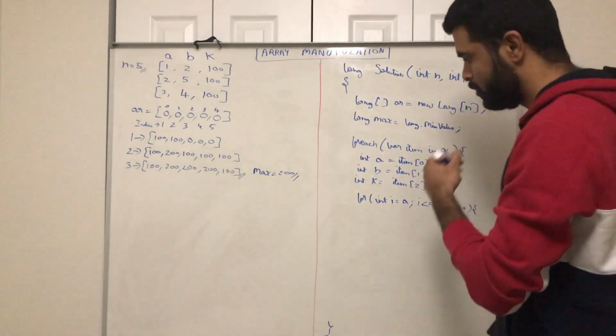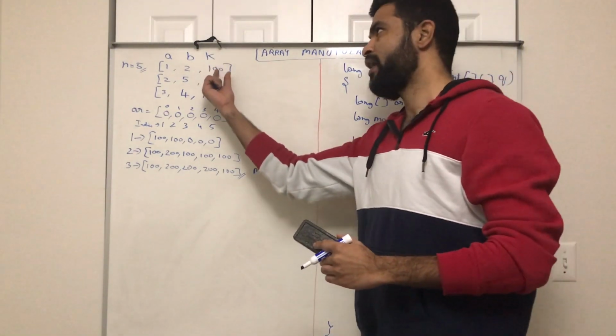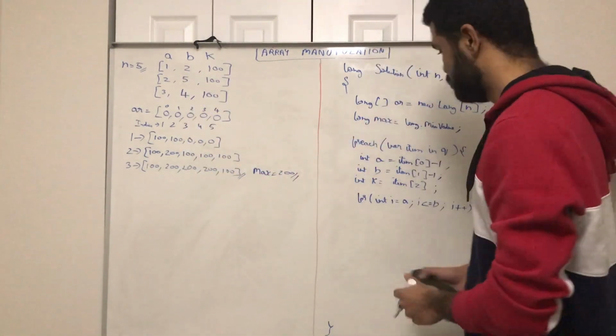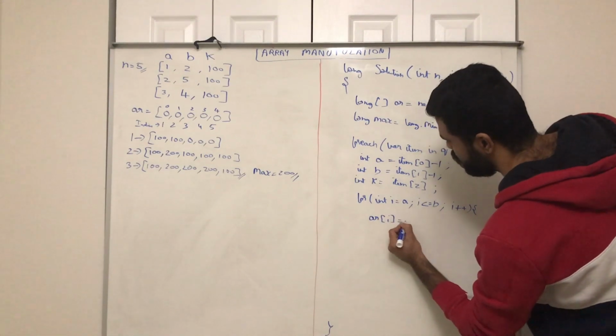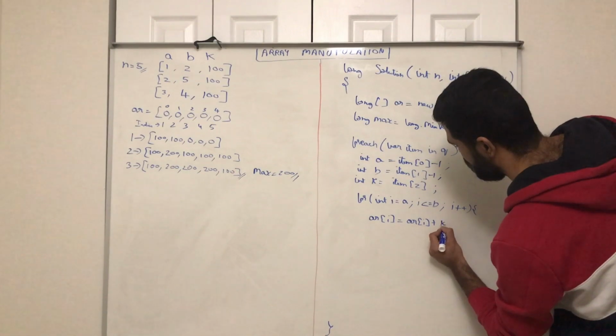Okay, so now I will add k value from points A to B. Okay, so for that I will use AR of I is equal to AR of I plus k.